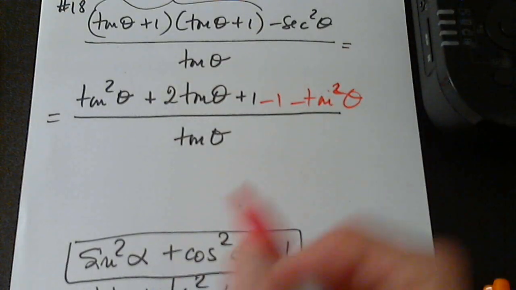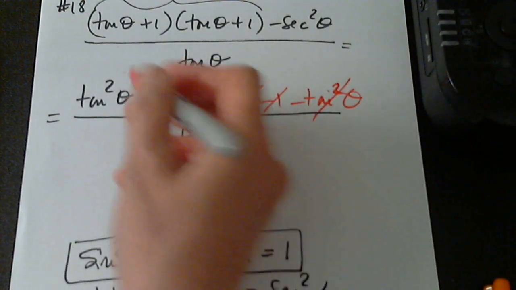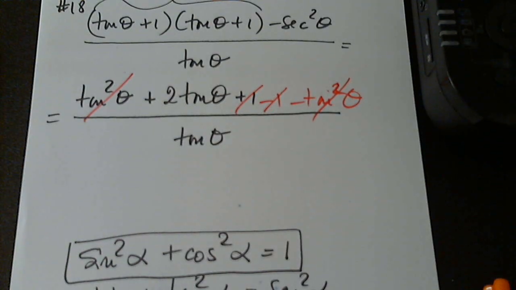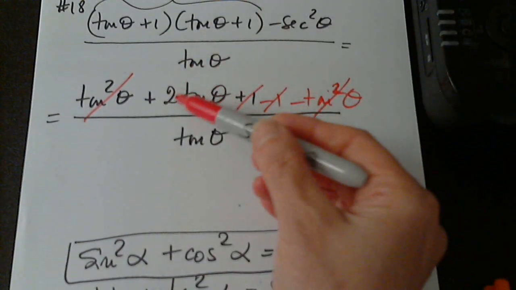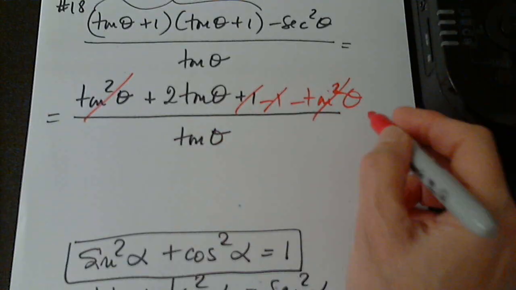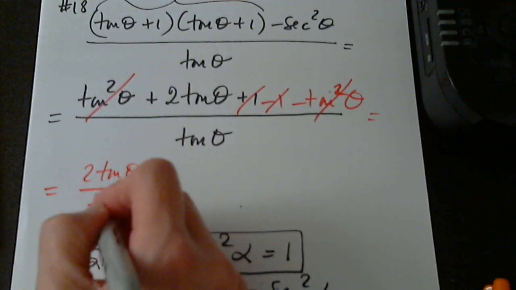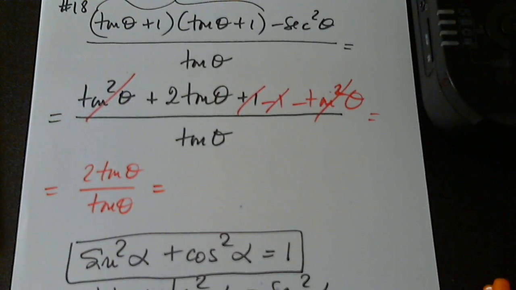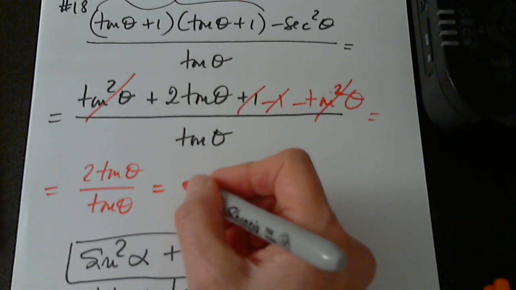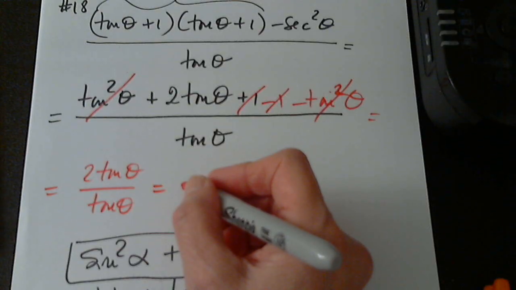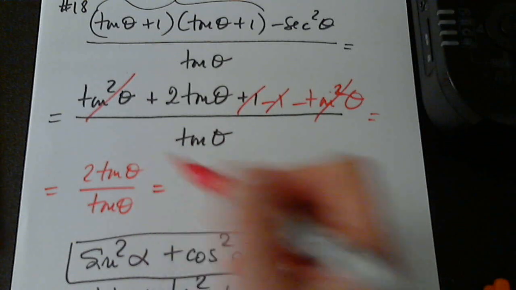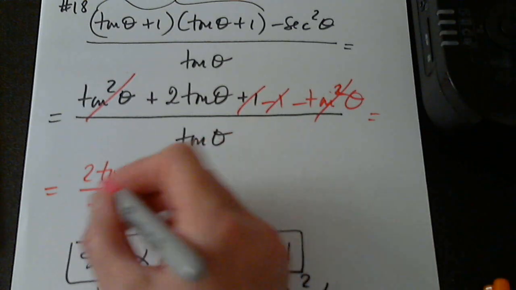Excellent. Look what happens. All I'm left with is 2 tangent theta over tangent theta. What does that equal to? Tangent of theta.